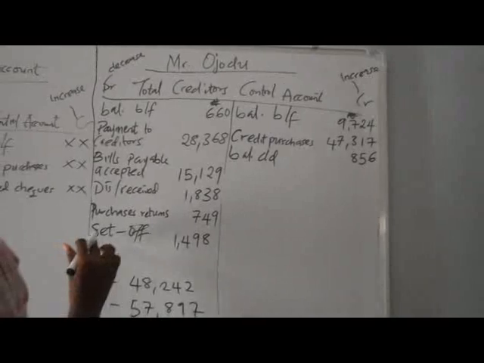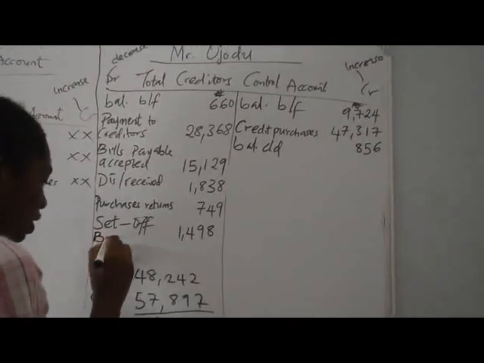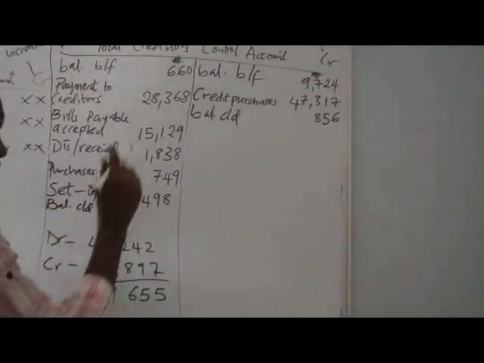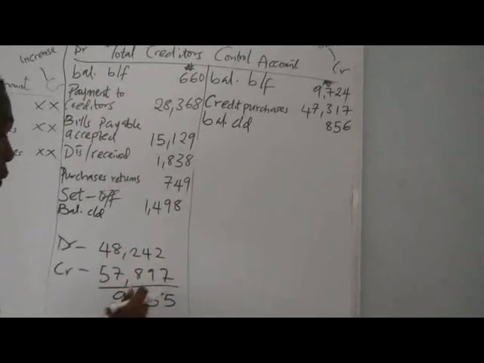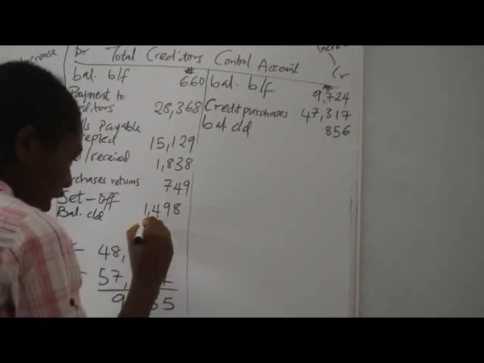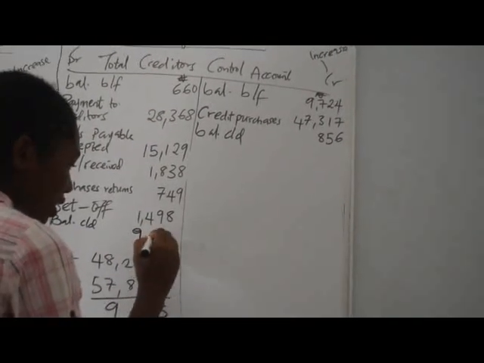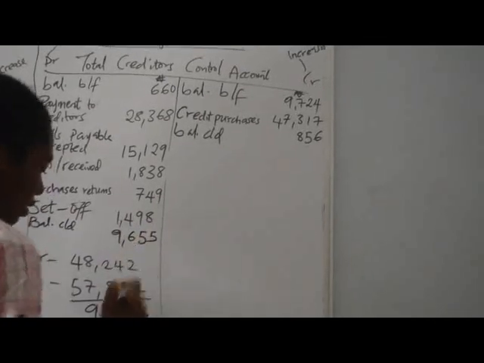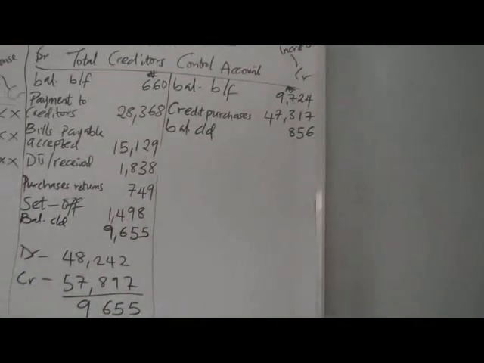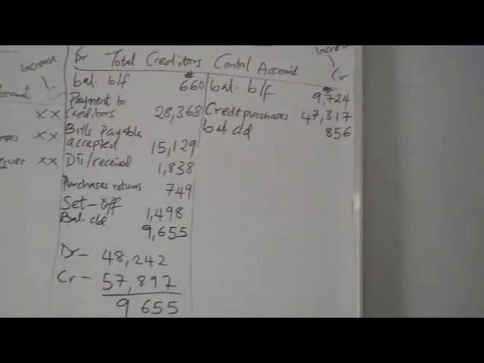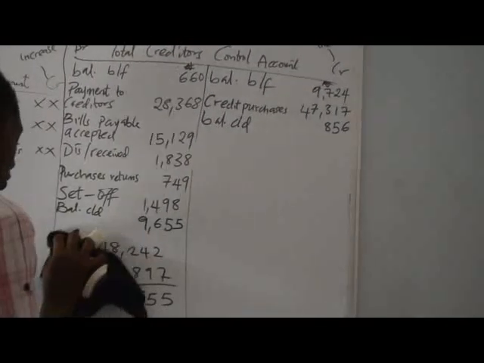Alright, so for our balance carry down, I'll be writing that here. Balance carry down, since this is our smaller value, we'll be bringing our balance carry down to balance the account, 9,655 naira. Alright, so with this we can balance up our account.